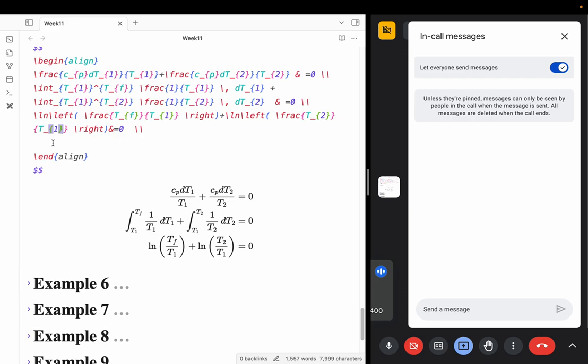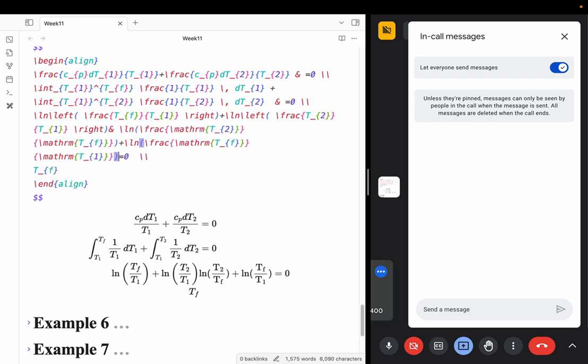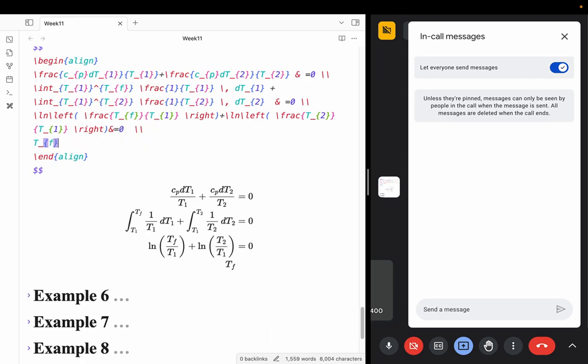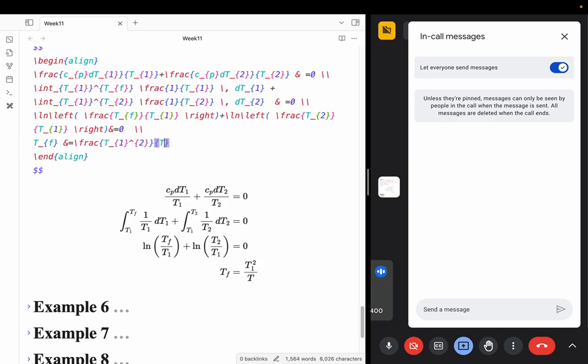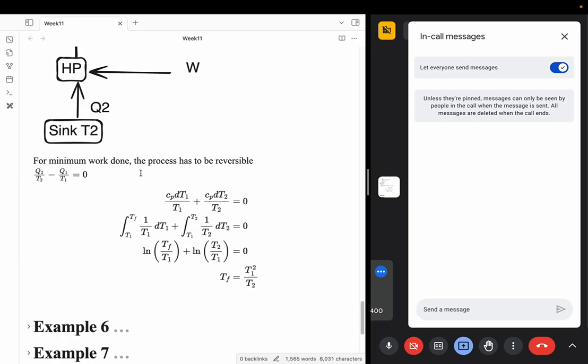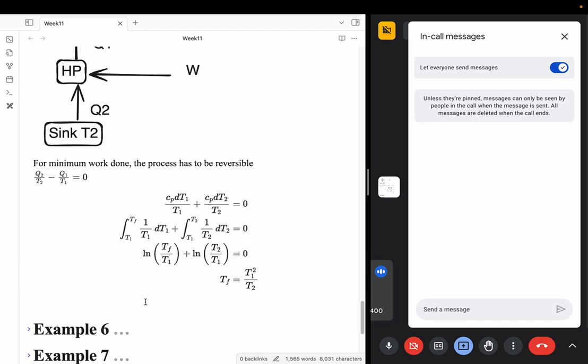So Tf will be T1 square by T2. Is that right? You got the same thing or you got something different?